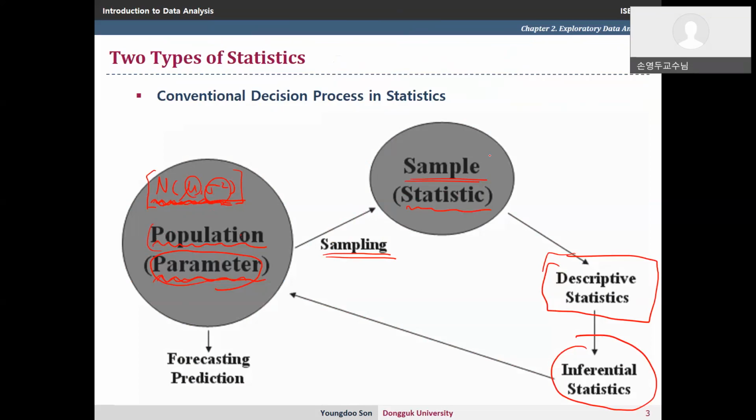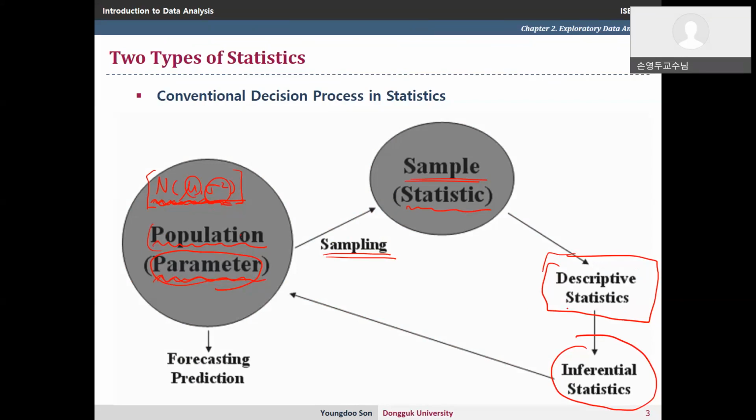And we can make some statistics from the sample, and these statistics usually summarize the characteristics of the samples. So from the sample, we can apply some descriptive statistics methods.